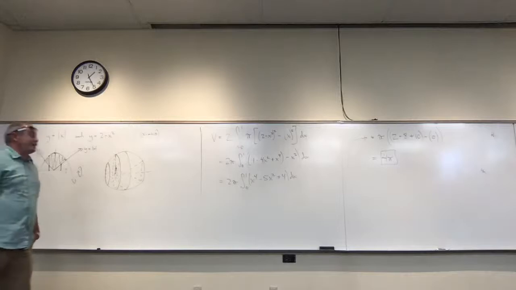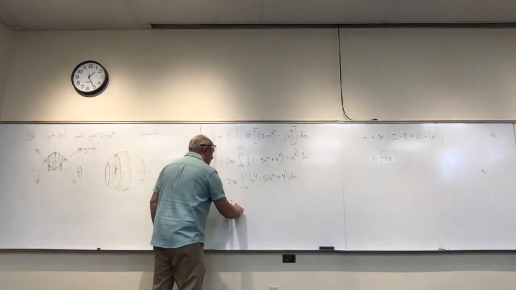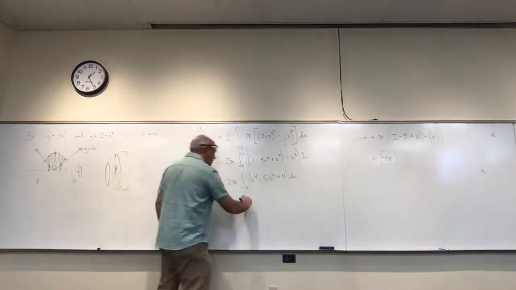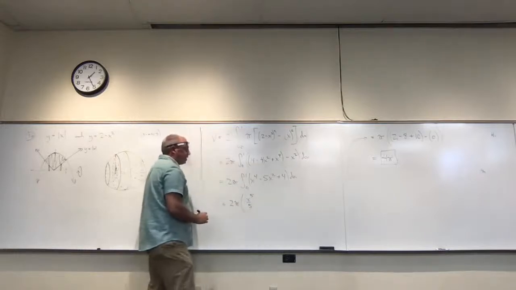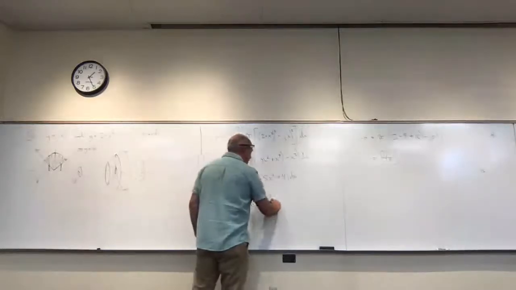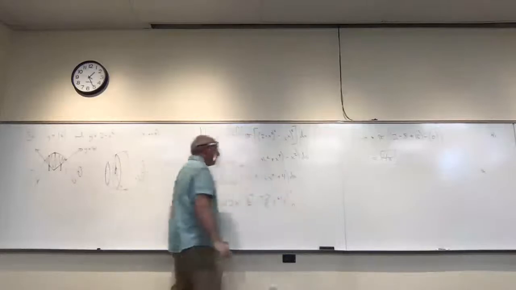Now I'm ready to take an antiderivative. 2 pi just hangs out. Antiderivative of x to the fourth is x to the fifth over 5. Antiderivative of negative 5x squared is minus 5 x cubed over 3. And then we get plus 4x, evaluated from 0 to 1.